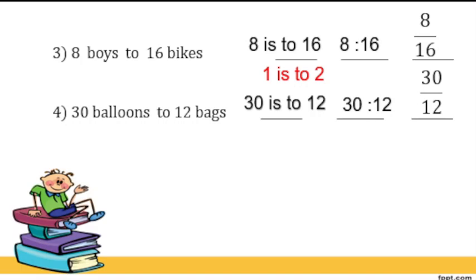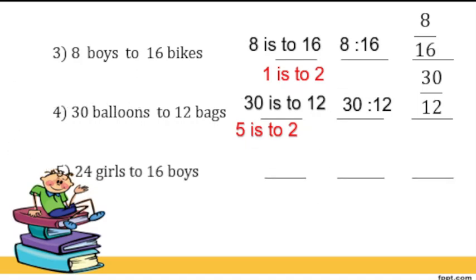Let's factor: that is 6 times 5 for 30, and for the 12 we have 6 times 2, and then cancel 6 and 6. What will be left is 5 for the 30 and 2 for the 12. So that is 5 is to 2 in word, or 5:2 in colon, or 5/2 in fraction.